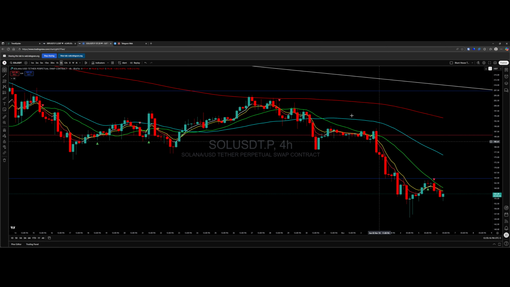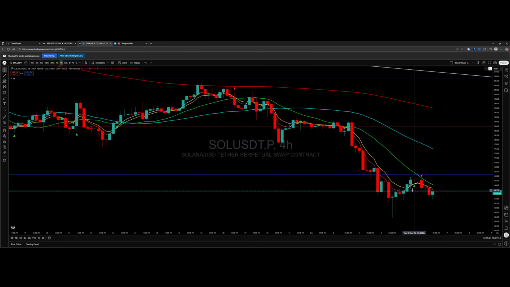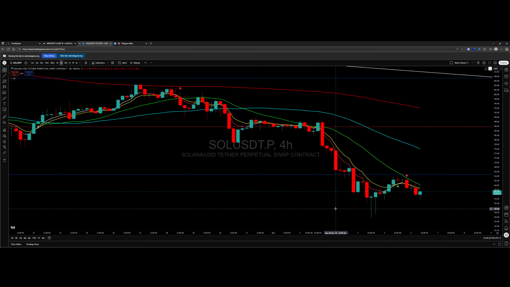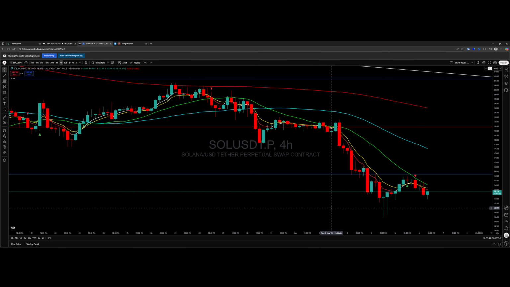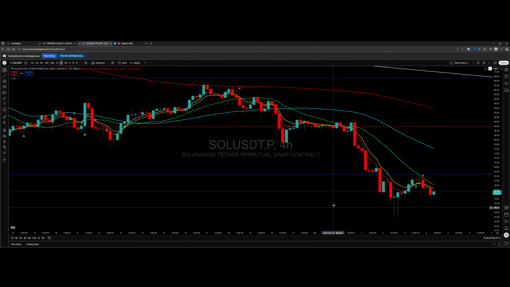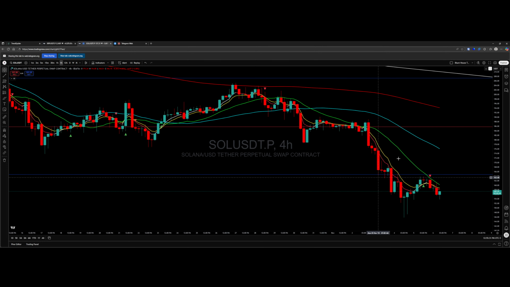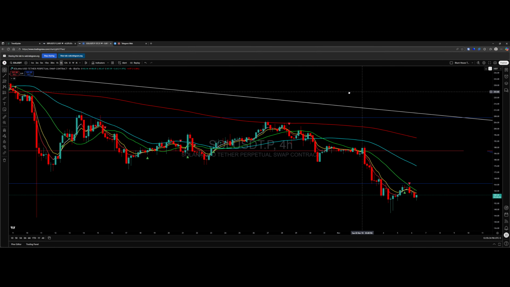So, here we are yet again. We're failing the 20, and you've peeled back. Green candle, yes, but not even challenging the 5 EMA or the T line yet. That's one of the things that's going to help change the trend, and it's just not there. Doesn't mean it's not coming, but it's not there yet.